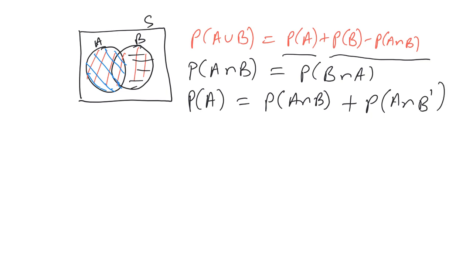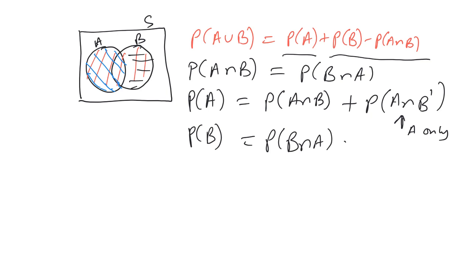Sometimes this is read as the probability of A but not B, or A only. Similarly, the probability of B would be probability of B intersection A plus probability of B intersection A complement.